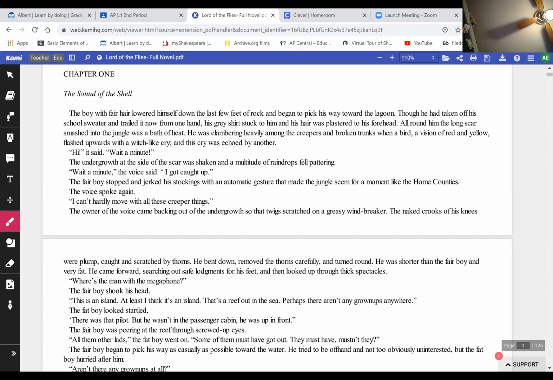Golding's argument, and he was a religious man, is that we're born with this inherent evil, meaning it's there from the beginning, and that we have to be taught not to do evil things. It's not that we're taught evil; it's there from the beginning, and the idea of good has to be taught to us, especially in our youth.